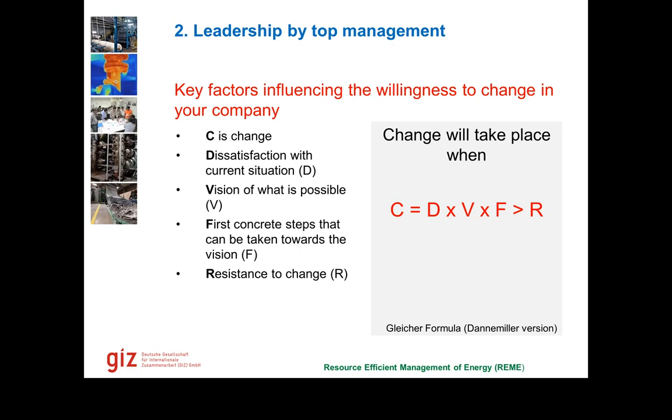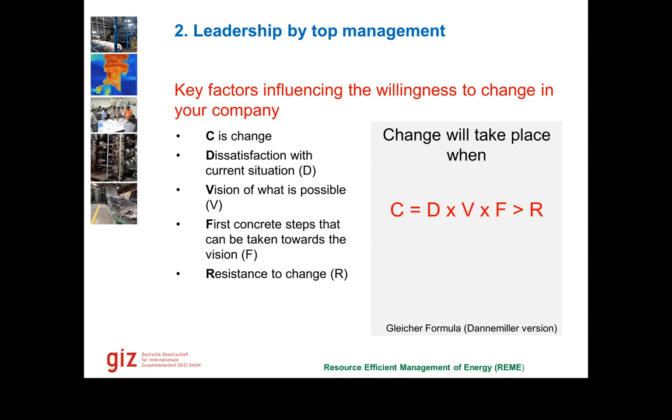But if resistance is bigger and these factors are not big enough, if we are not dissatisfied enough, or if we don't have a clear vision in mind, or if we are not taking first steps in the right direction, then the change will never occur. So understanding where the company is lacking at that time: is it dissatisfaction, or are they not sure what to achieve, what targets to take, or what steps they can take?